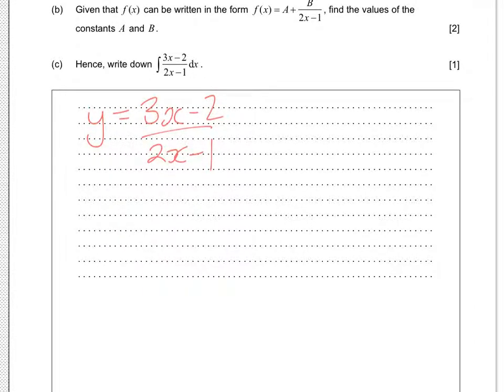So by multiplying both sides by 2x minus 1, you get 2xy minus y equals 3x minus 2. And then I'm going to collect the x's together on one side and anything not involving an x on the other, and make x the subject.